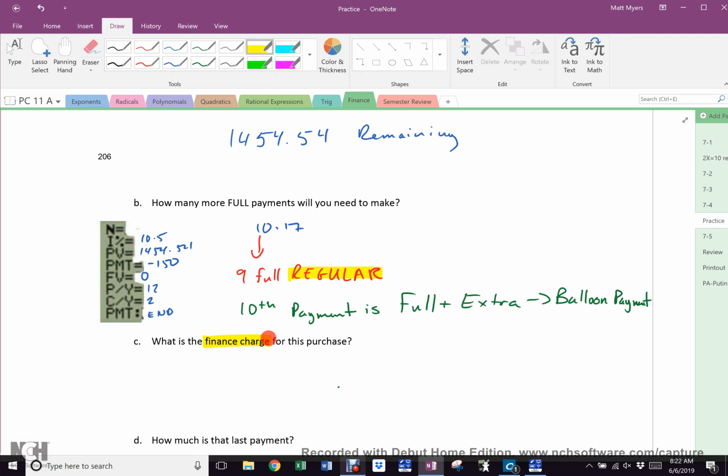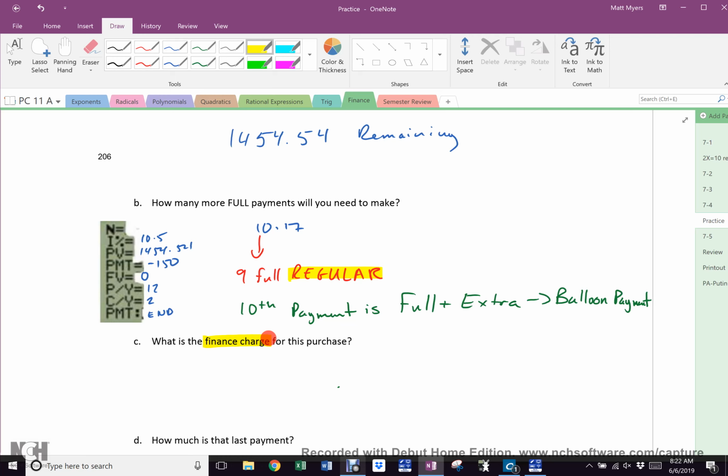Interest is part of it. How much money did this guy need to buy the car? $5,700, right? Is he paying back $5,700? No, he's paying back significantly more, yes? Everything extra is the finance charge. Okay?